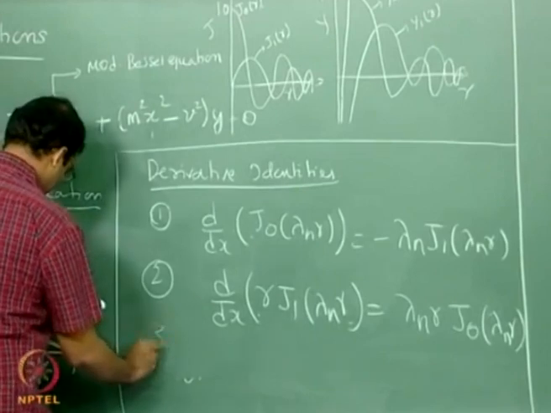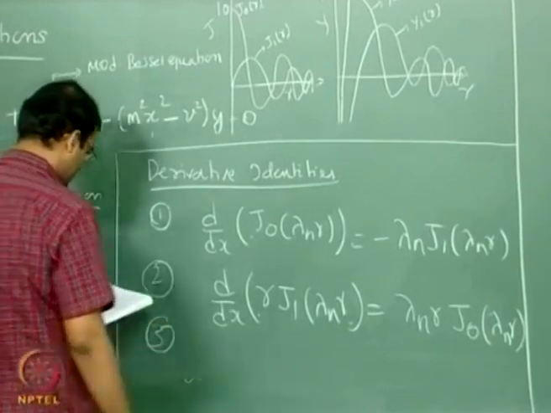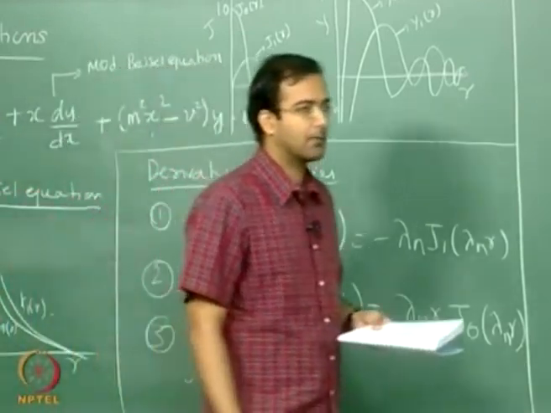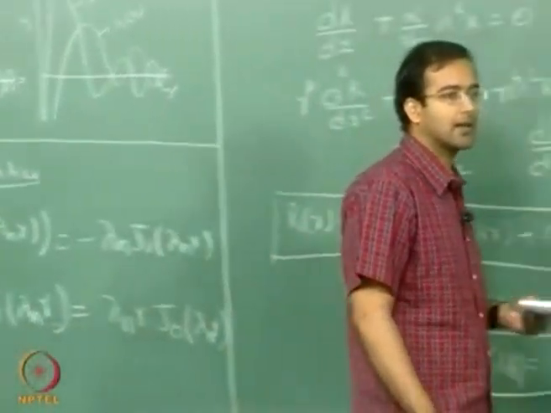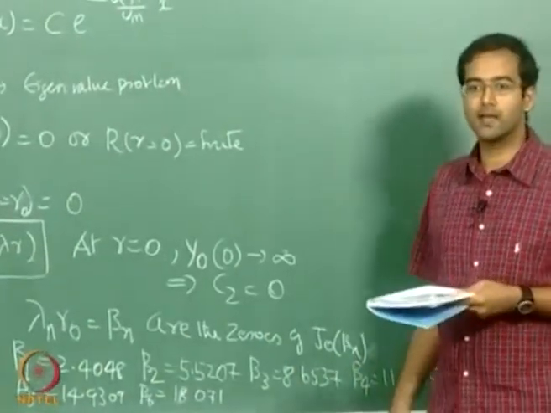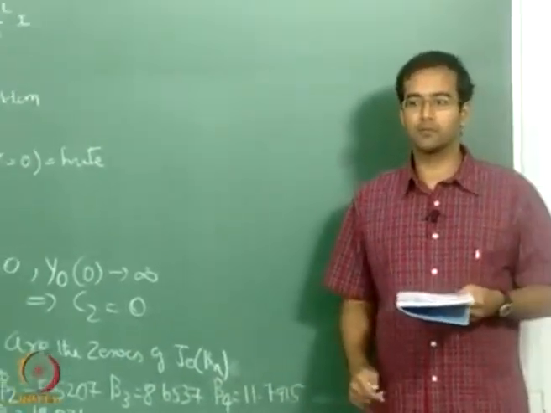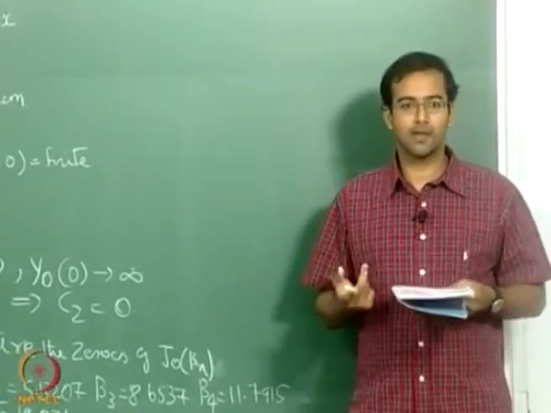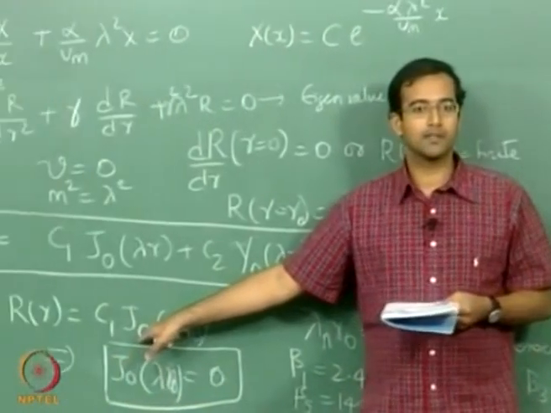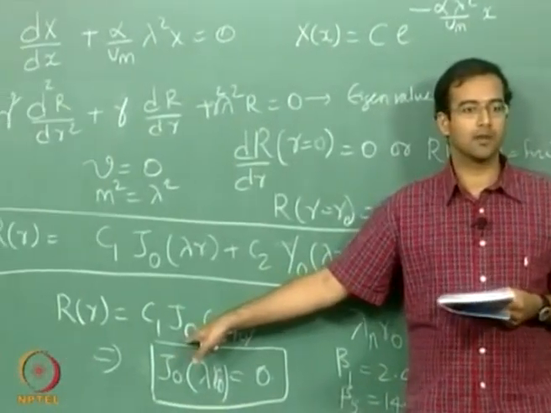So number 3 is the fact that the Bessel functions have another important property, that is the principle of orthogonality. If you look at any eigenvalue problem, and you determine any eigenfunction, in this case the eigenfunctions are Bessel functions of the first kind of the 0th order.